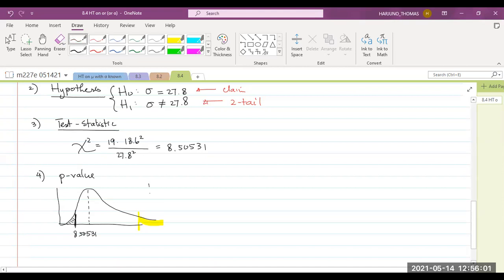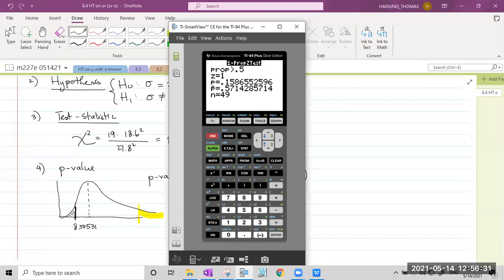So the p-value is 2 times chi-squared CDF, lower bound 0, upper bound 8.50531, degree of freedom 19.